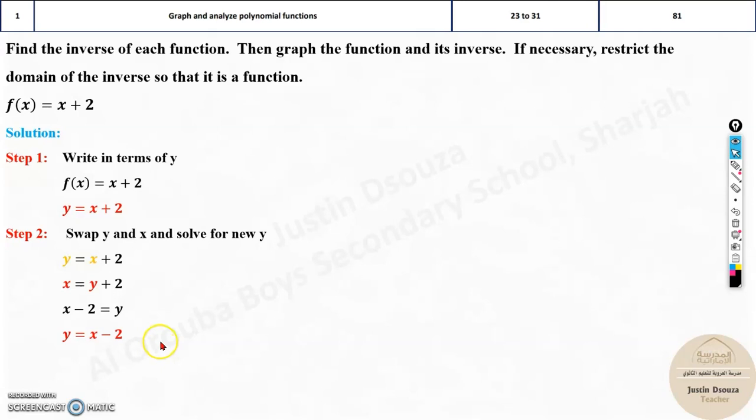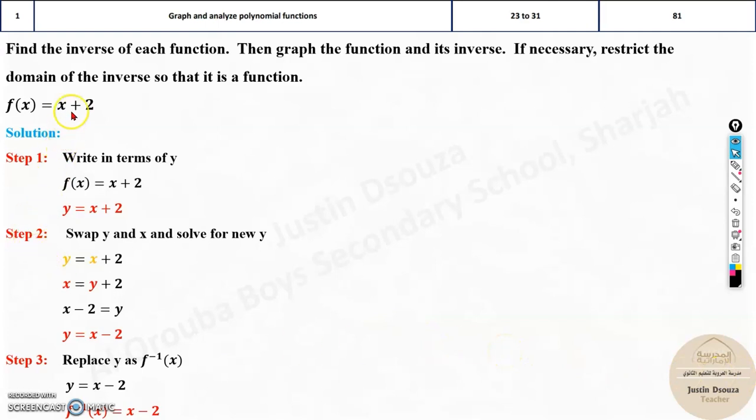So what do we do next? We need to replace y as f inverse of x. That means this is the given function f of x. We just can't keep y. We have done so many steps. So whatever that function is, it is the inverse function. So replace this y as f inverse of x equals x minus 2. And that is it. That's the inverse function.